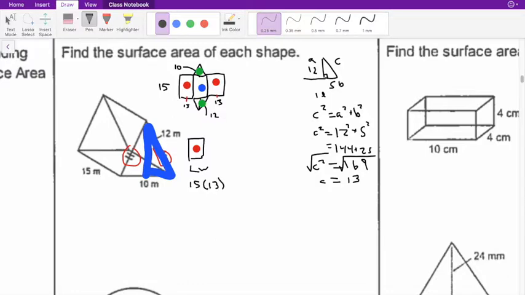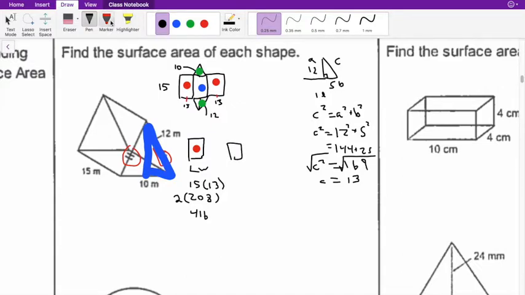So 13 times 15 equals 208, and I have two of those, so I'm going to times that by 2. So 416.